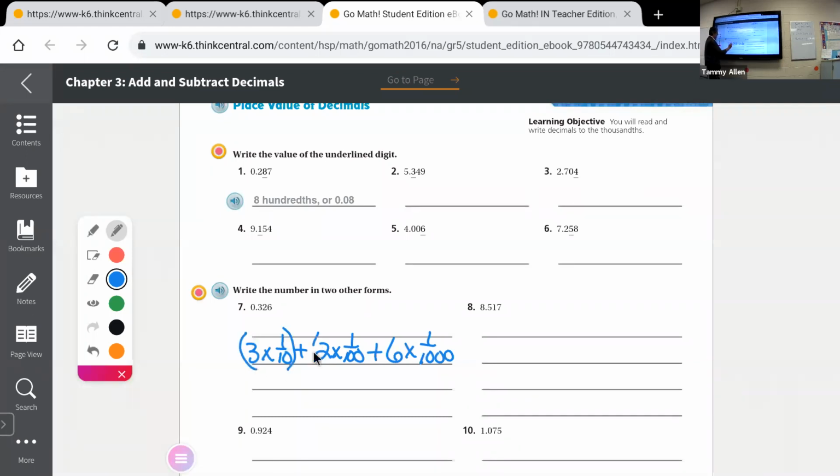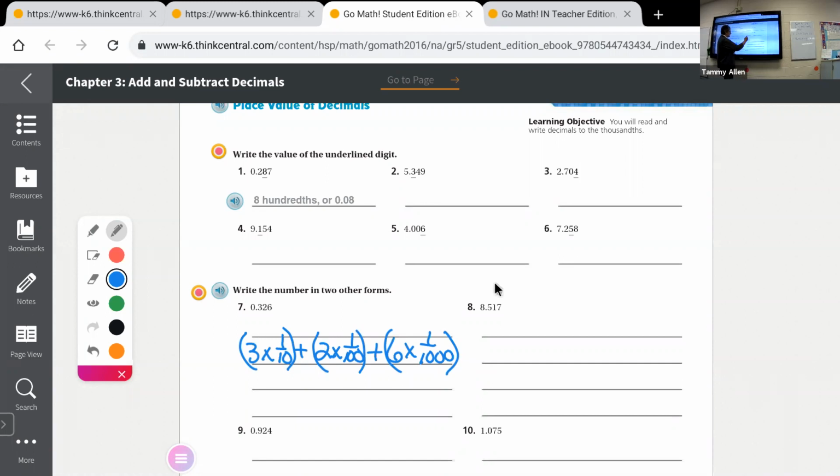Having parentheses around these helps separate it. You would not have to have parentheses. Number 8.